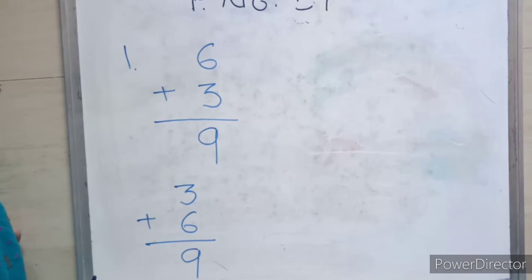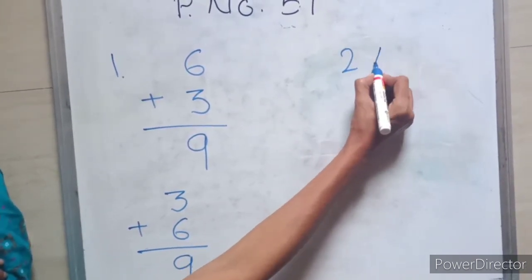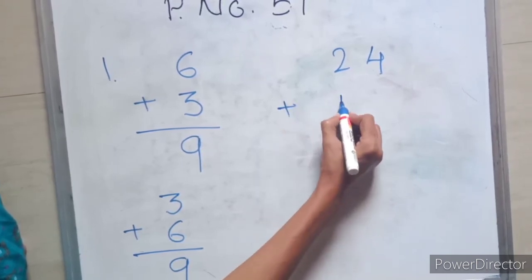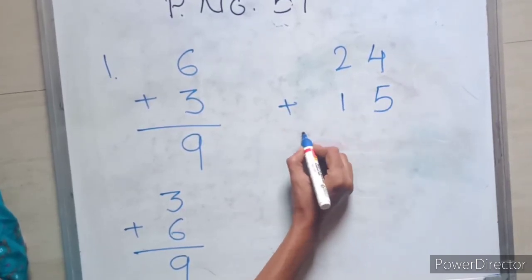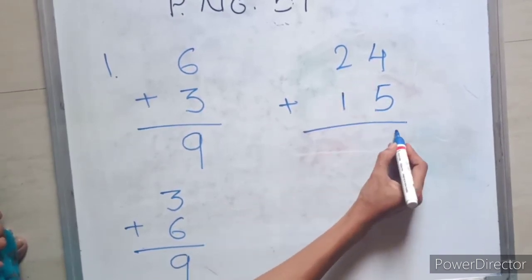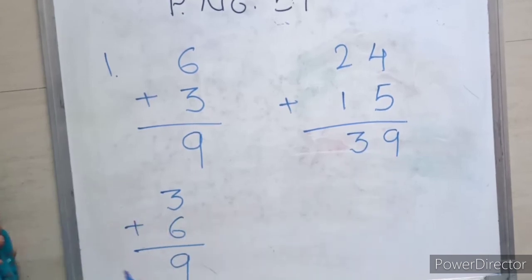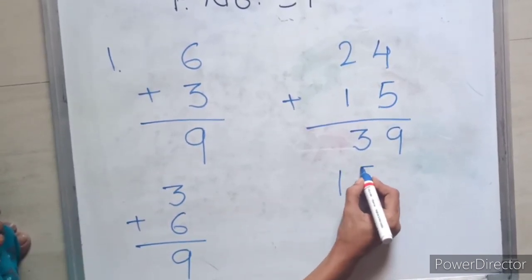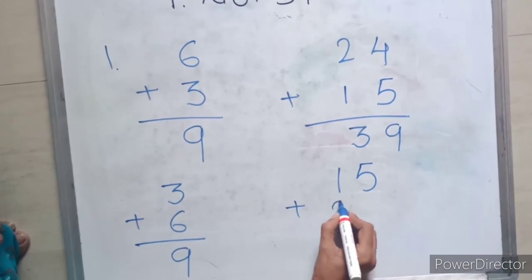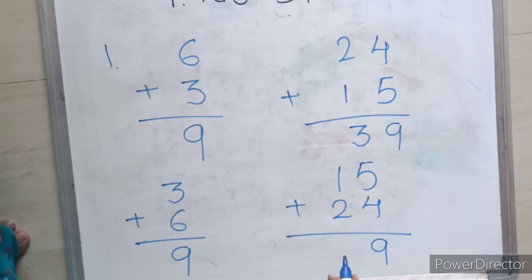Now we will see one more with 2-digit numbers. 24 plus 15. First add one side, 5 plus 4, 9, 2 plus 1, 3. And if we add 15 plus 24, then 5 plus 4, 9, 1 plus 2, 3.